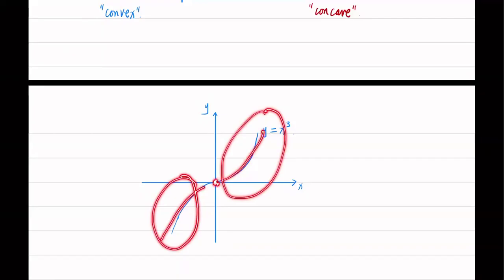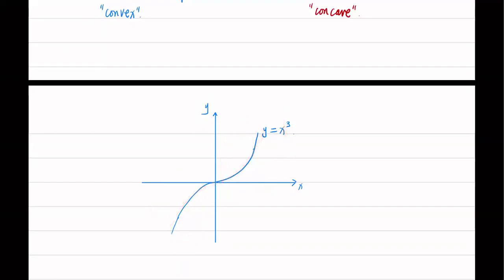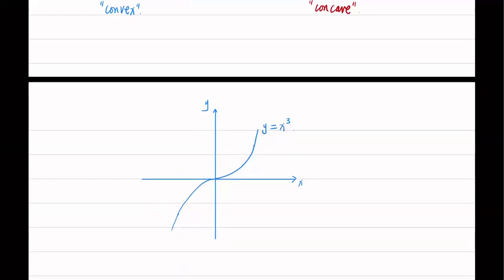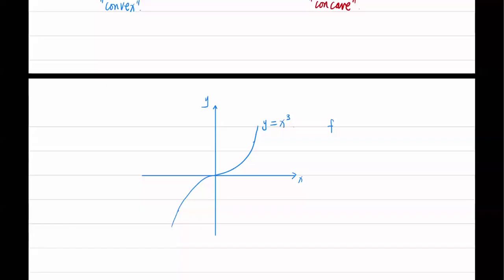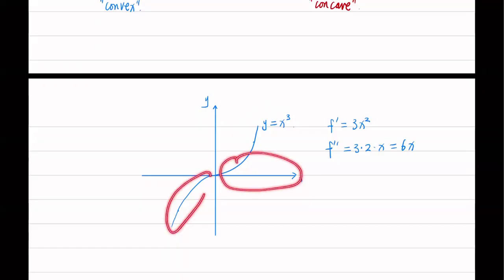Okay, first we check the derivative of f is 3x squared. Okay, what's the second derivative? Okay, now we can see this one is positive when x is positive, negative when x is negative.